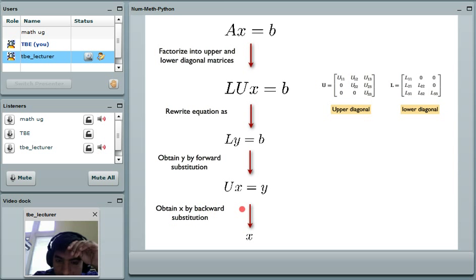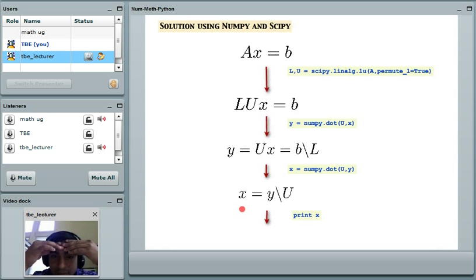Now let me go into the algorithm part. This is the flowchart of what I should do. First, NumPy doesn't have any method to give you LU decompositions; it has only certain other decompositions.